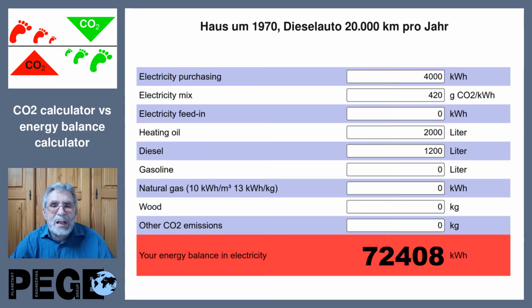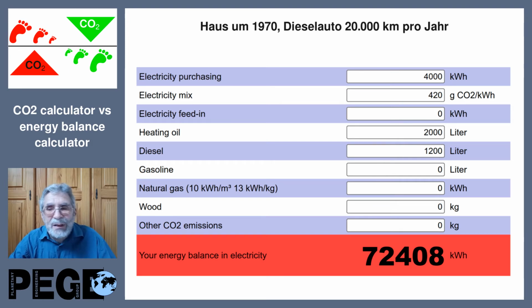Let's start the examples with a house around 1970 and an actual diesel car driving 20,000 kilometers per year. Old houses use much electricity, so we calculate here 4,000 kilowatt hours.